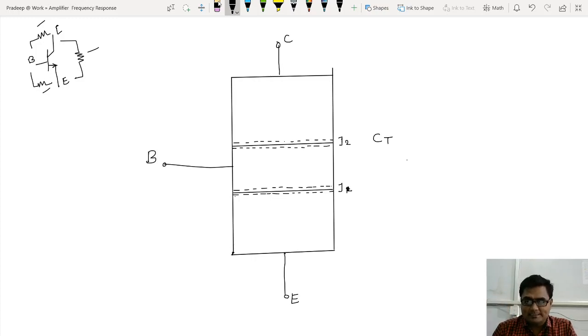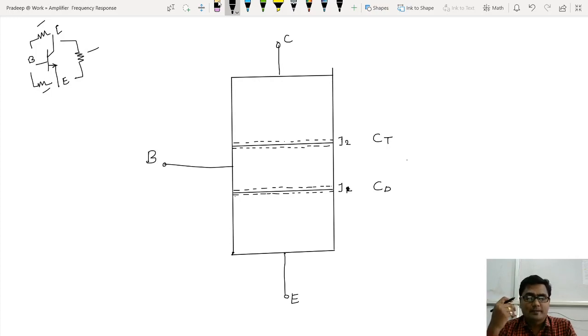And this capacitance I will call diffusion capacitance. I'm just giving some names. We'll come towards it after we finish with the resistors. So let us start with the first resistor, then come towards the capacitors. Two capacitors are there inside the transistor, and let's check the three resistors.